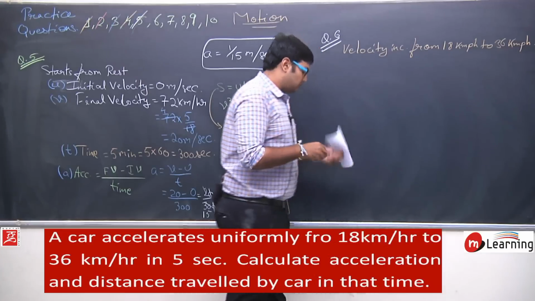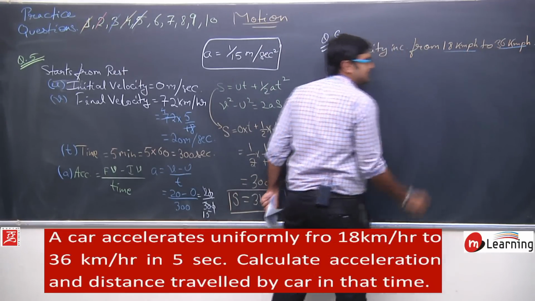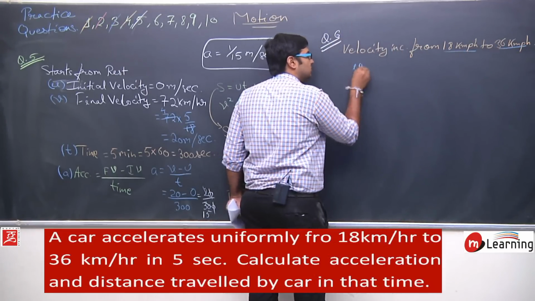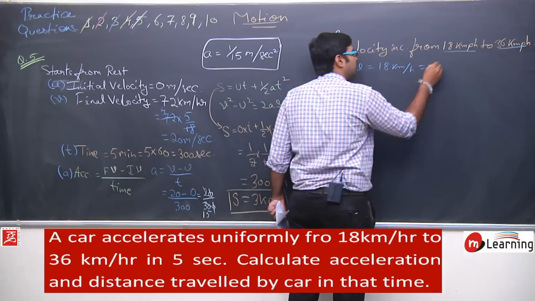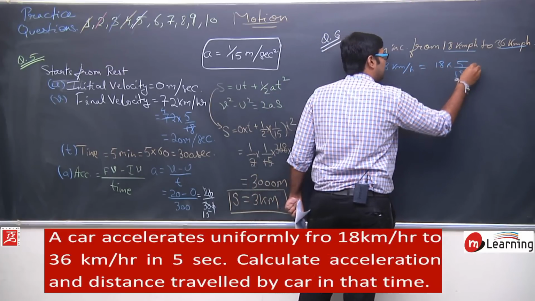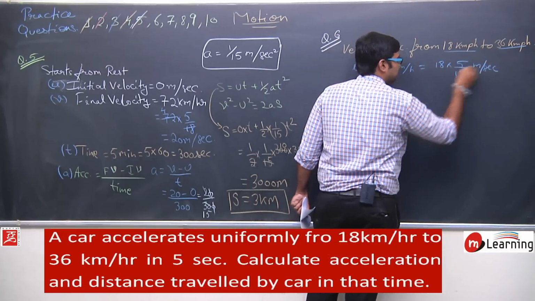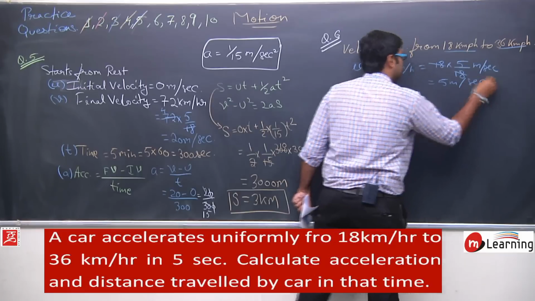What is 18? 18 represents the initial velocity, 36 represents the final velocity. So u is equal to 18 kilometers per hour. It can be converted to meters per second by multiplying it by 5 by 18. So this will give you 5 meters per second.